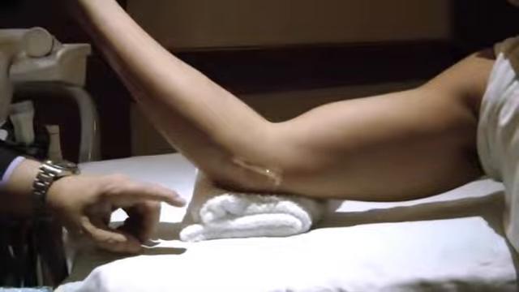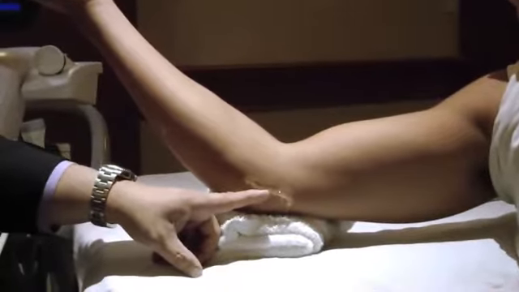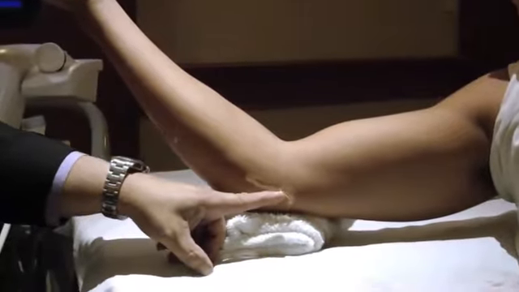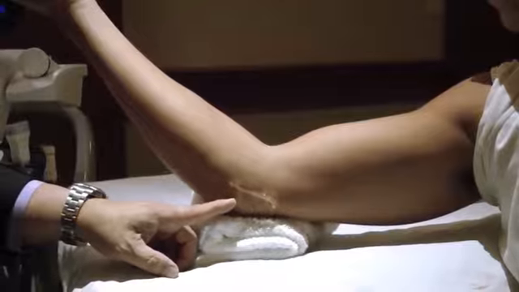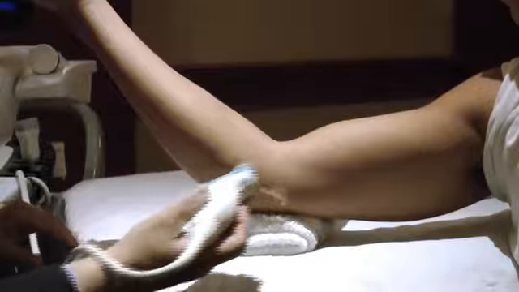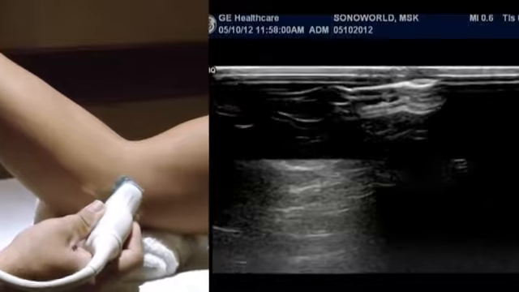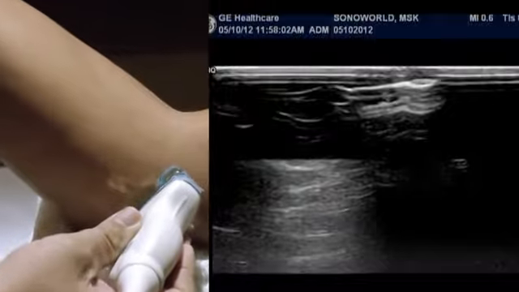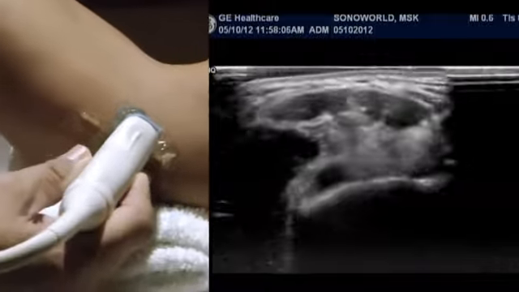A continuum of the medial quadrant dynamic imaging of the elbow is, after you have evaluated the ulnar collateral ligament, to look for the cubital segment of the ulnar nerve. We're going to identify the bony acoustic landmark of the trochlea in short axis. Then we're going to look for the olecranon process.